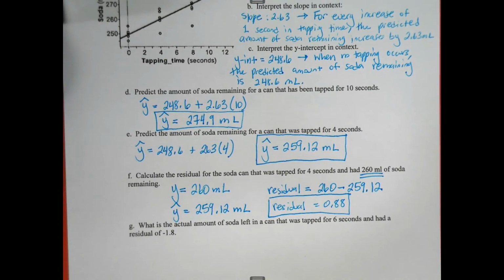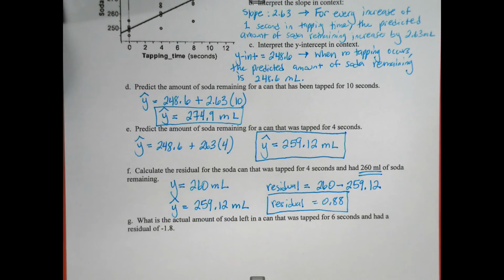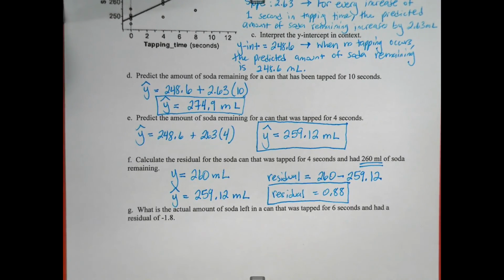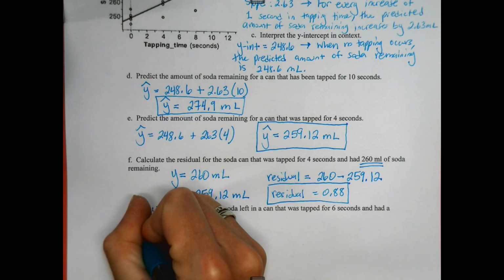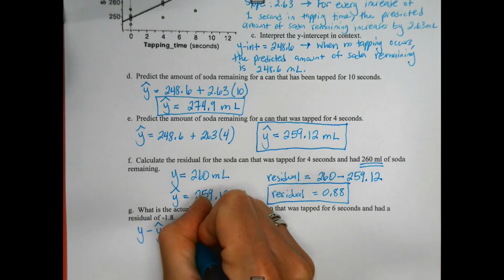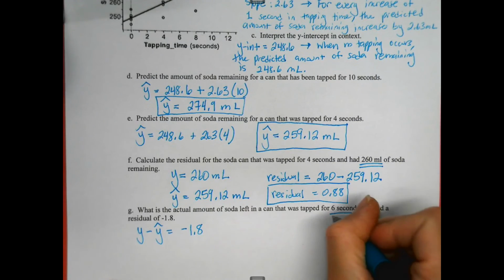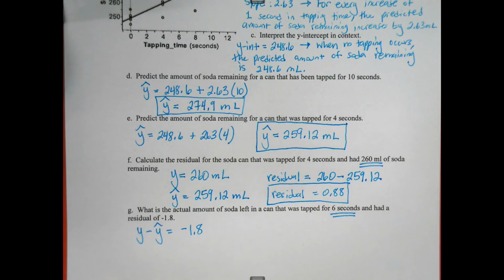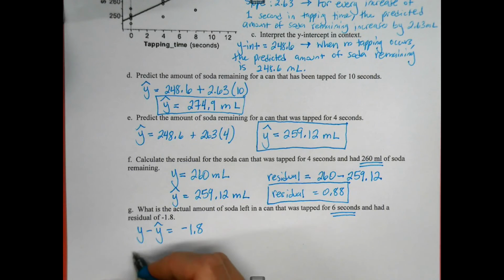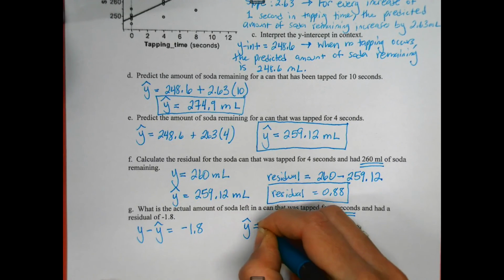Part G, what is the actual amount of soda left in a can that was tapped for 6 seconds and had a residual of negative 1.8? We know that y minus y hat is equal to negative 1.8. We're talking about 6 seconds. We want to find the actual value. We can find y hat by using our equation.